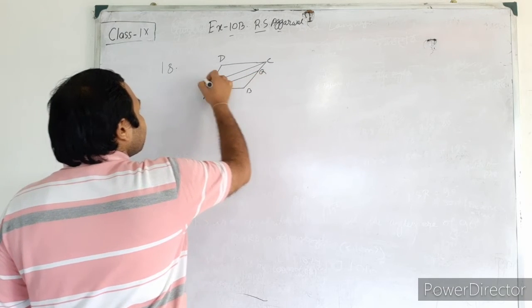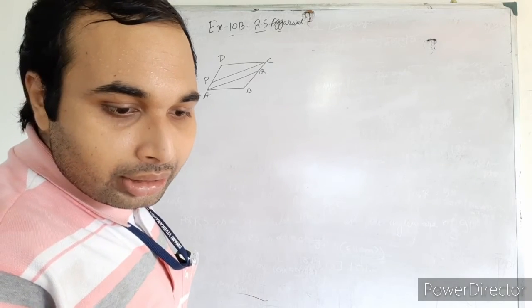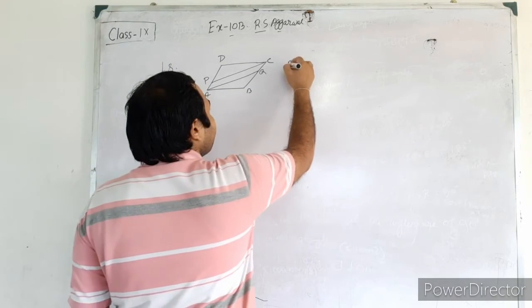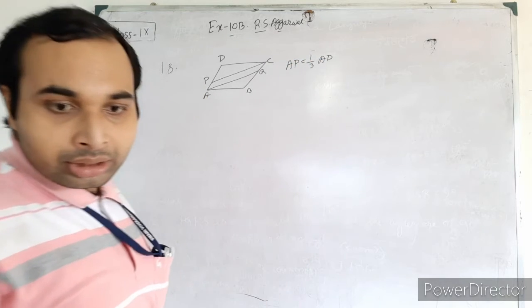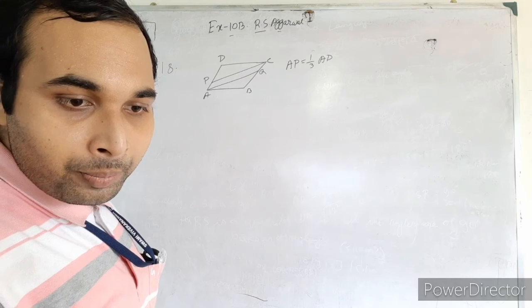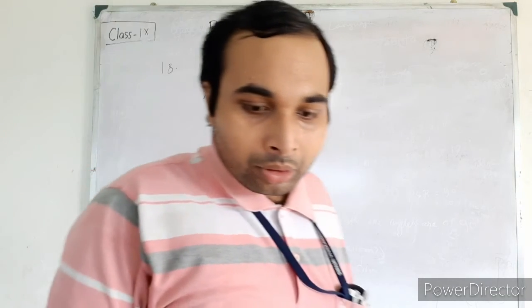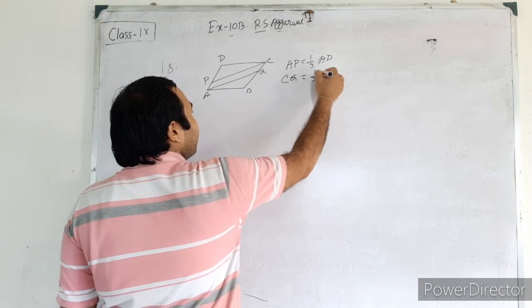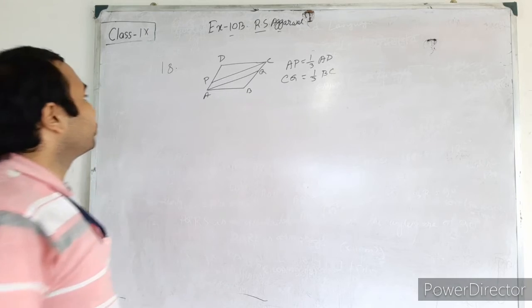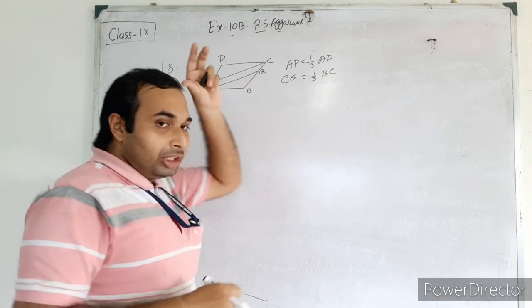This is Q, this is P. One piece of information is given, that is AP is 1/3 AD and CQ equals 1/3 BC. We have to prove that AQCP is a parallelogram.